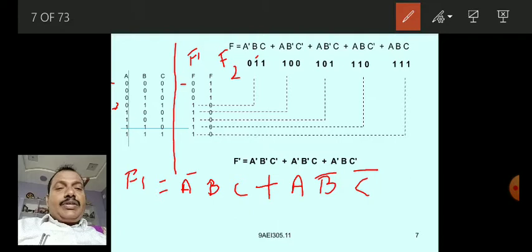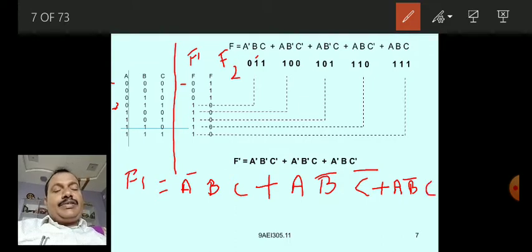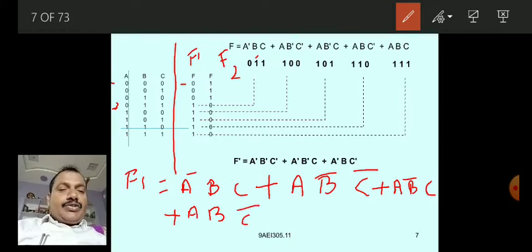And the next minterm is 101, that means plus A, B is 0, hence B bar, C is 1, hence you have to write it as it is, C. And the next minterm is for 110. For 110, A is 1, B is 1, hence you write plus A B, and C is 0, hence C bar.